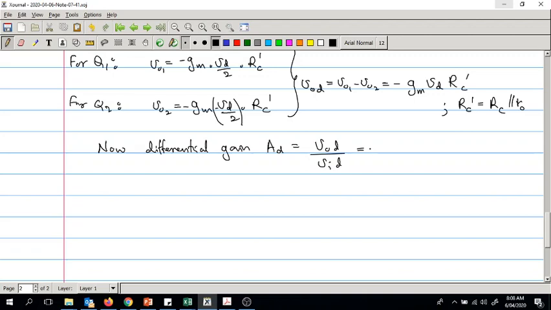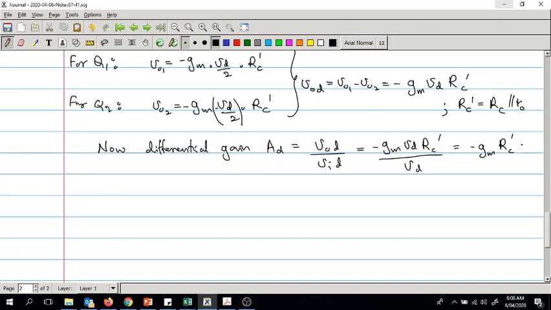So V out differential, we have got that value, minus Gm Vd Rc dash, divided by Vi differential, which is Vd, which is now equal to Gm Rc dash, right? Again, Rc dash is equal to Rc parallel R out.